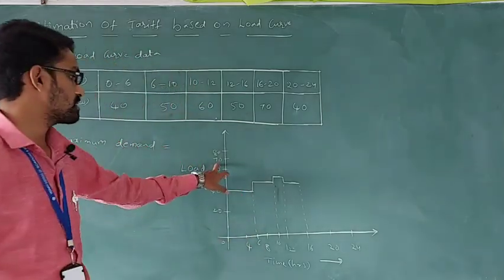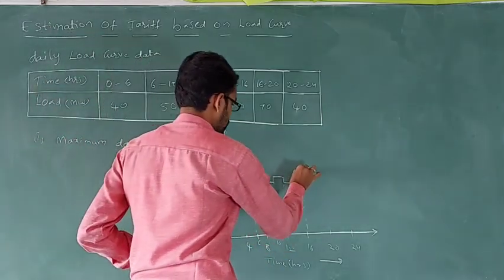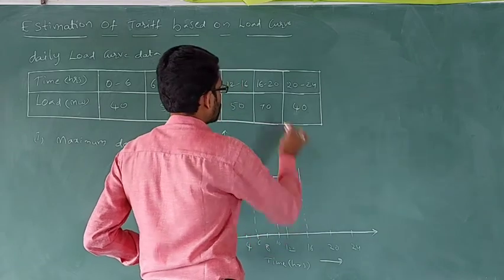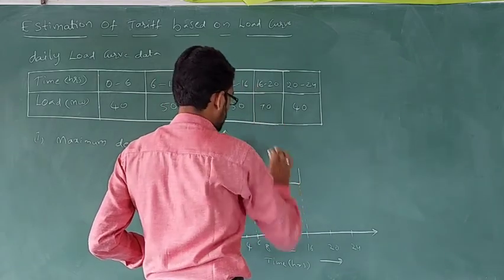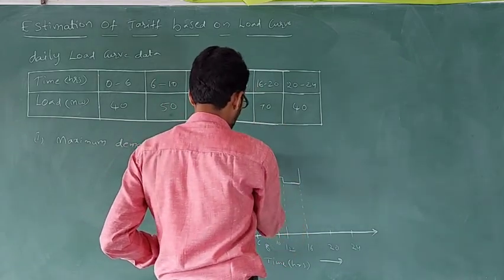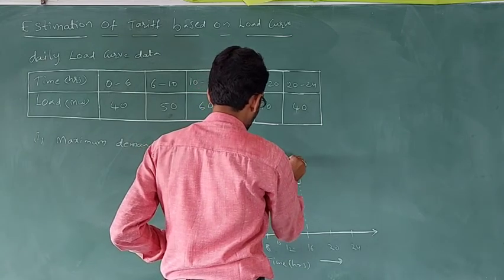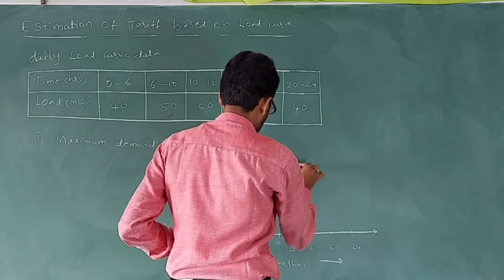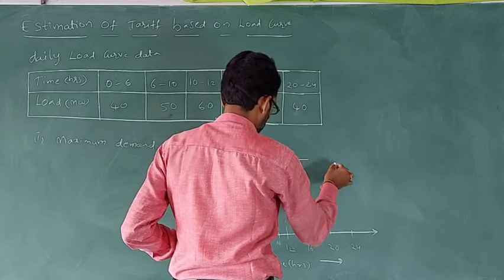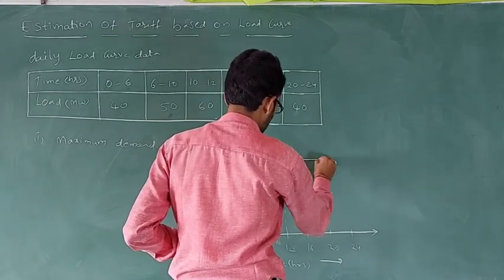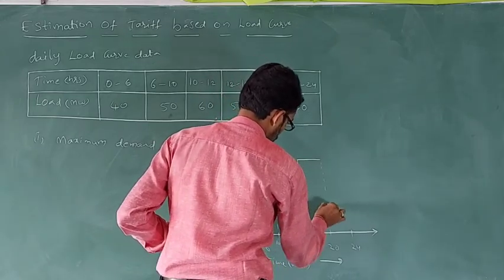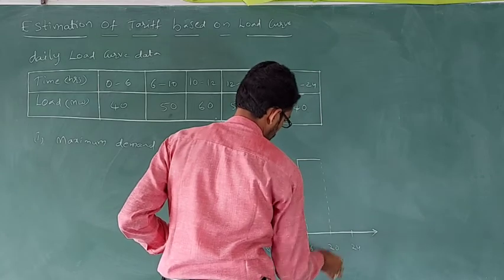So, from 16 to 20 it is 70 megawatts. This is 70 megawatts up to 20 hours.